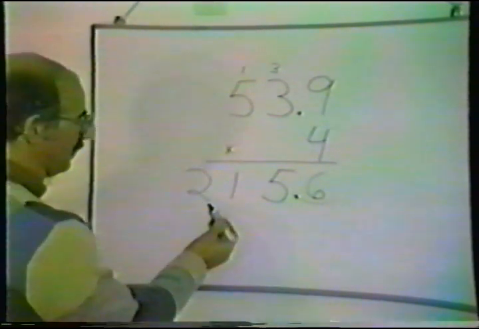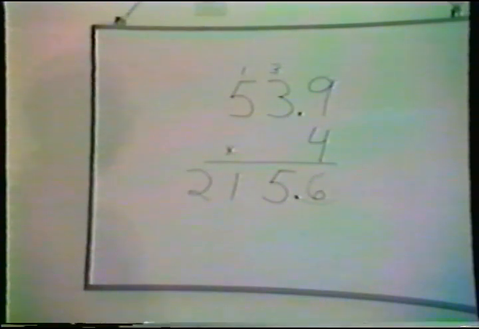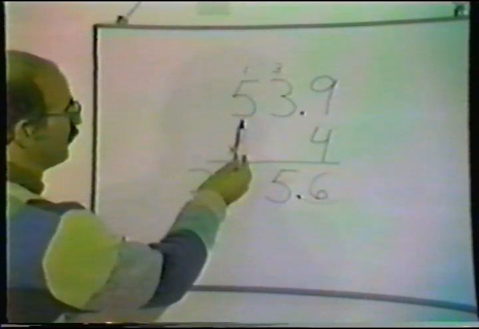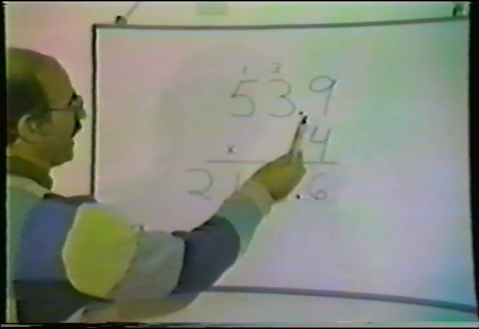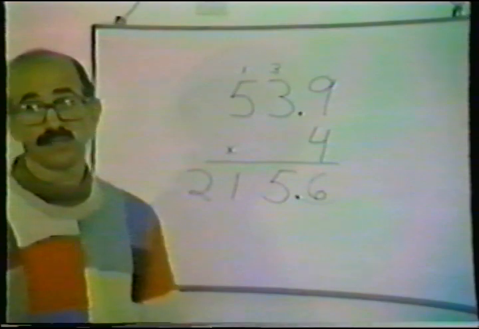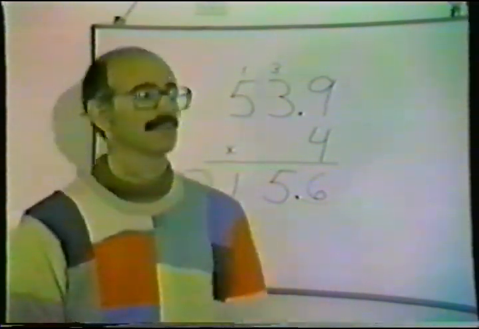Now read me this answer. 215 and 6/10. Now we can look at our original problem and we see that it says 53 and something. Well, 53 is kind of like 50.